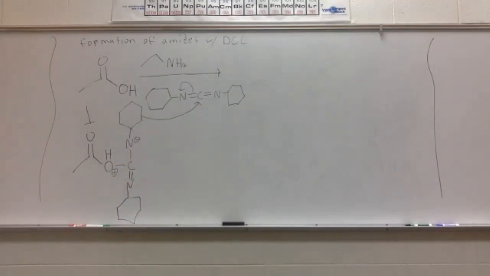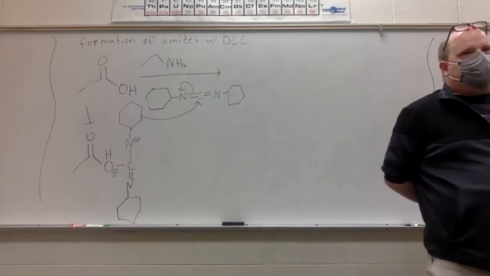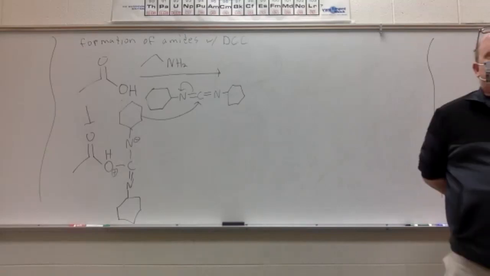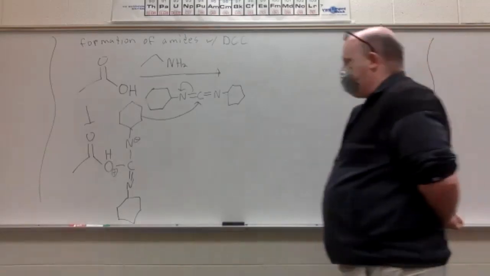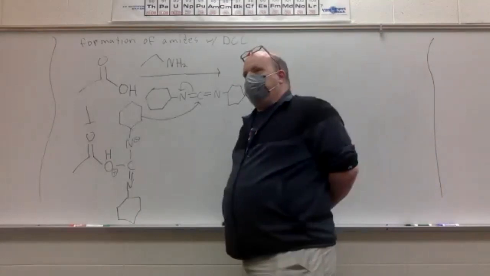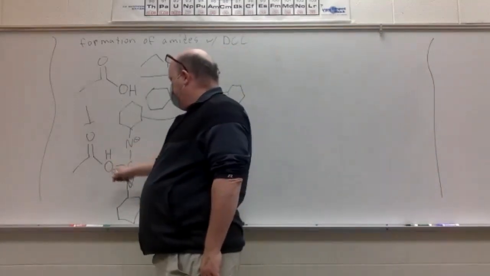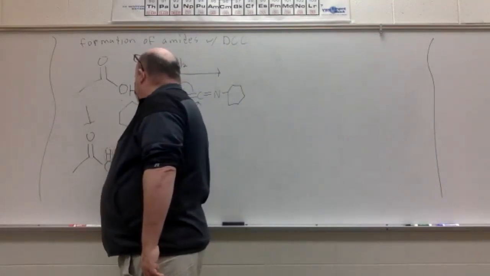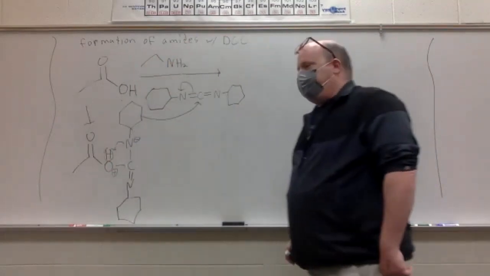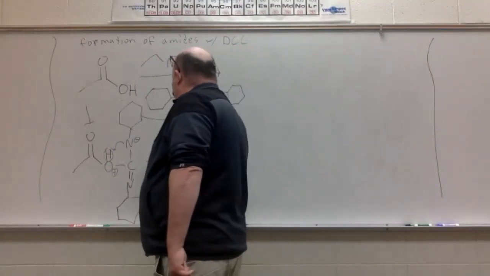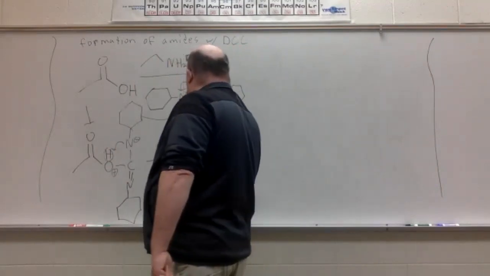Just from looking at what you got? The whole thing doesn't leave yet. There's something else we got to do to the group before we start trying to make it leave. Yeah, how do you satisfy the charges? Yeah, exactly. Negative nitrogen, positive hydrogen. Let's just have that hydrogen hop on over to the nitrogen. And now we're ready to set this up to leave.